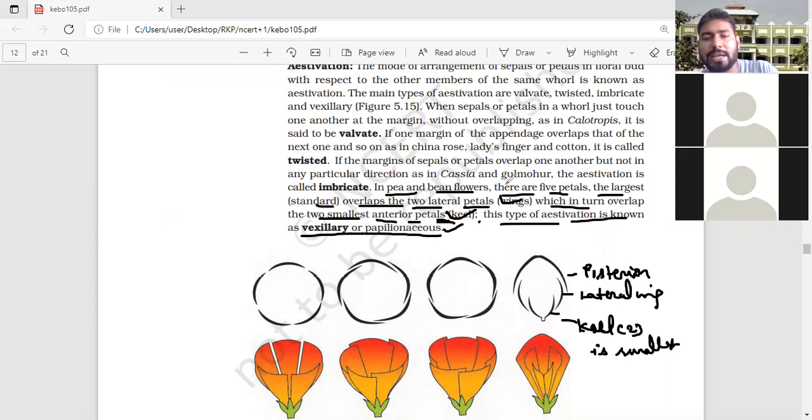This is the vexillary estivation found in pea and bean. Now estivation is clear? Is it okay? Yes, sir.